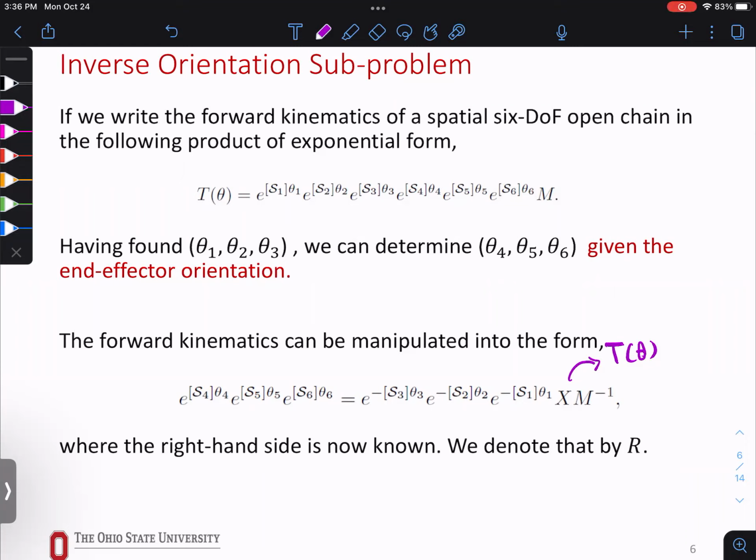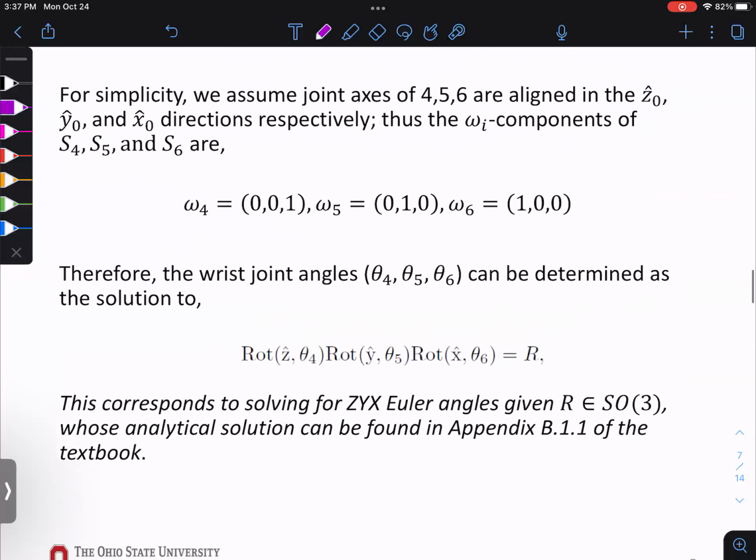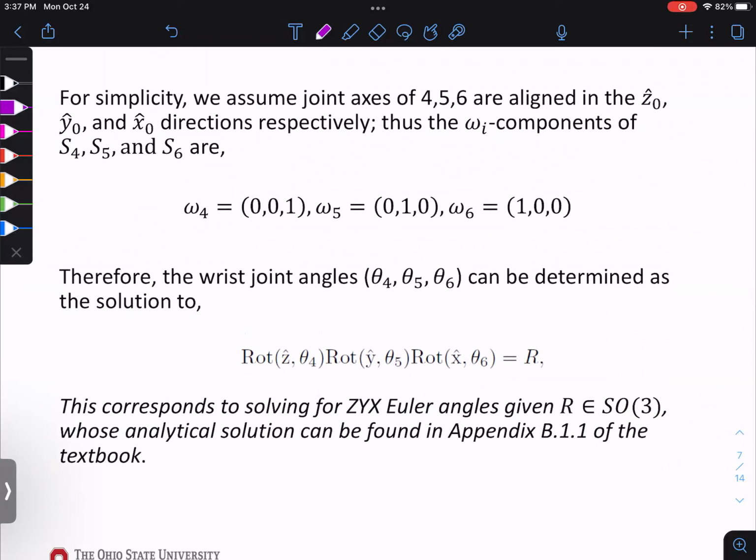If you think about what would go into S4, S5, S6, do you have any V from a prismatic joint? No, right? So we know our omegas. The only thing we're missing is how much it is rotating: theta 4, theta 5, theta 6. So we change that to rotation.